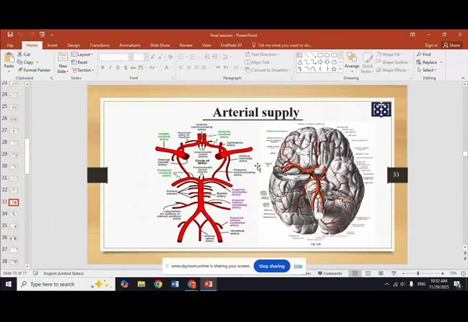In this slide, I want to talk about the arterial supply of the brain. Look at the picture. If you remember, we have the foramen transversarium in the cervical part of the vertebral column. We have the vertebral artery, which arises from the subclavian artery.